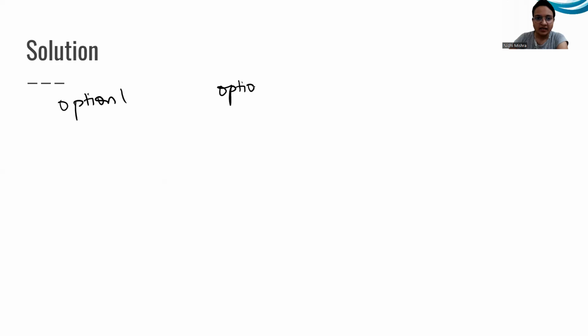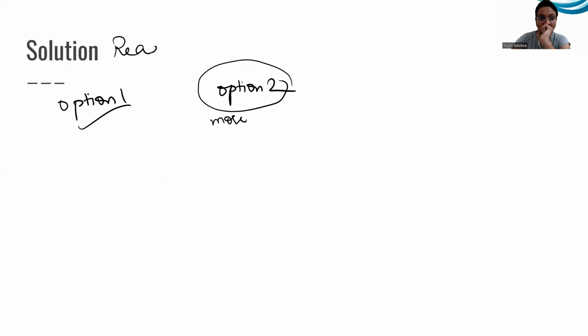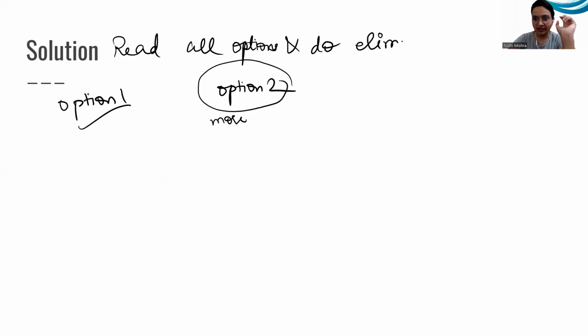And you find out this is correct. But when you read option 2, you realize this is more correct than option 1. Very important to read all the options. Read all the options and do the elimination technique. Very important, my dear friends.